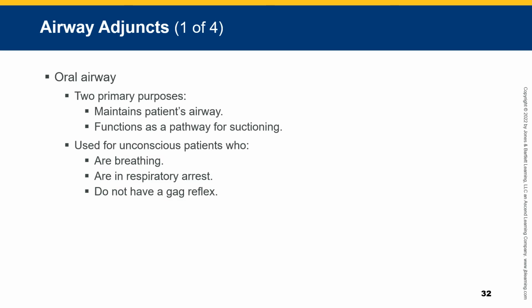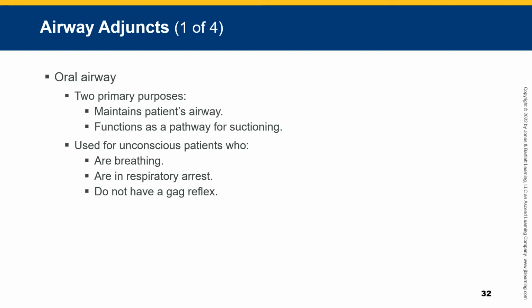I mentioned briefly earlier the use of airway adjuncts. Airway adjuncts are designed to serve two primary purposes: to help maintain an airway and also to function as a pathway for suctioning. Oral airways can be used for unconscious patients who are breathing, who are in respiratory arrest, and do not have a gag reflex.